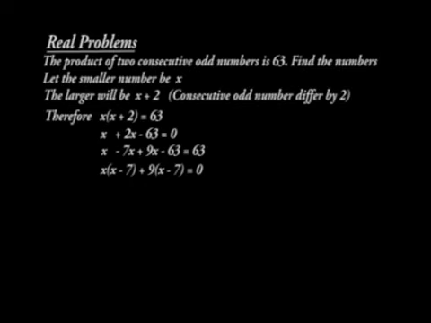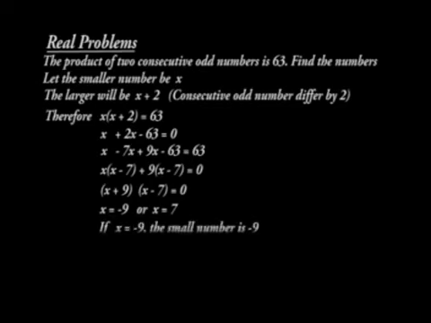If we solve that, we shall end up with (x plus 9) times (x minus 7) is equal to 0. The roots are x is minus 9 or x is 7. Let's see if it is true. If x is minus 9, the smaller number is minus 9 and the larger number is minus 9 plus 2, which is minus 7.